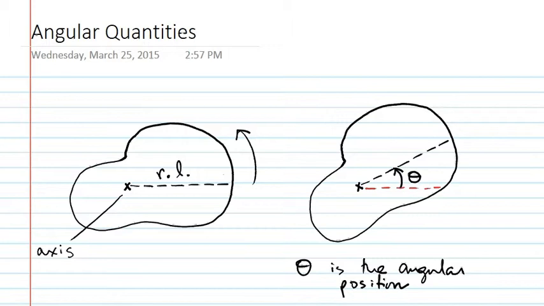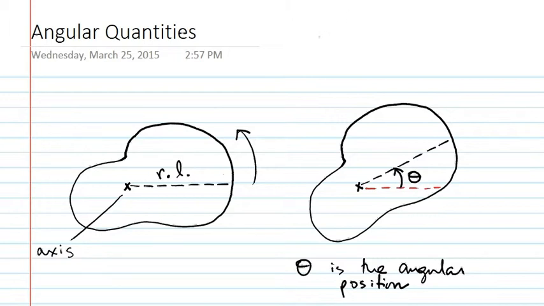Also, as we discuss this, there are going to be terms that nearly duplicate what we have done before. There's angular position. Well, there was old position. There's going to be angular velocity. There was our old velocity. But if you need a word to describe it, something that's better than saying the old velocity, the word linear works well.